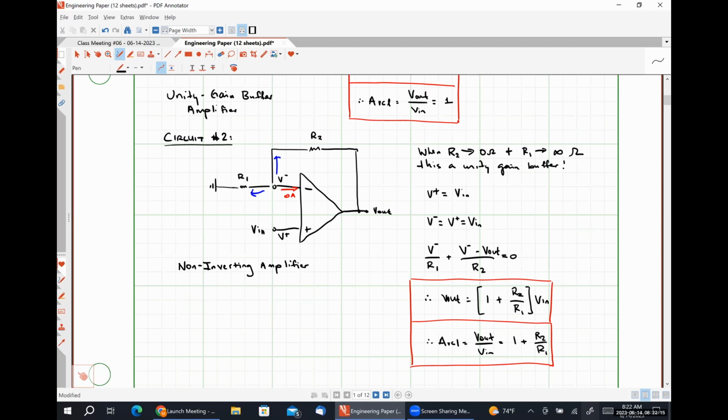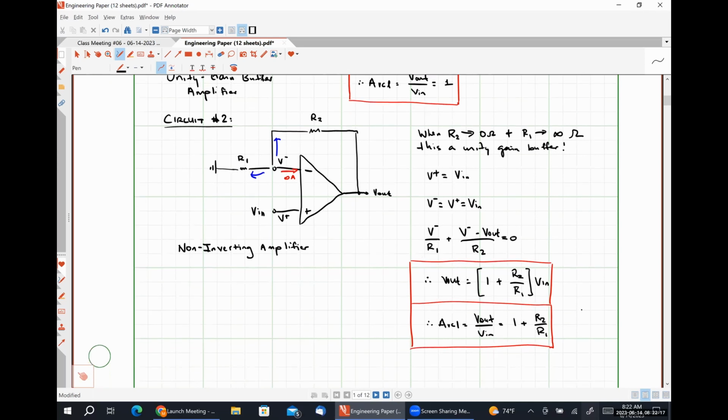Okay. For circuit number 3, all we're going to do is take this exact same circuit and we are going to swap where we apply our input voltage and where we apply our reference voltage or ground.